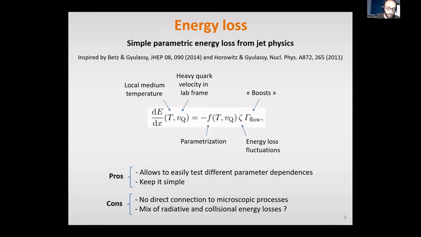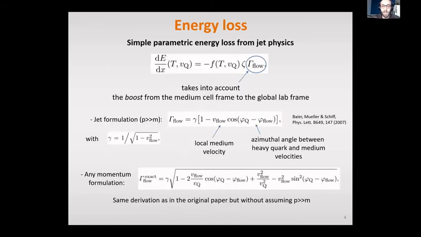But so the good part of this modelization, it is that it is quite simple, but the down part is that it does not tell us much about the underlying physics, the radiative and collisional components of the energy loss, for example. Okay, let's take a deeper look at this modelization.